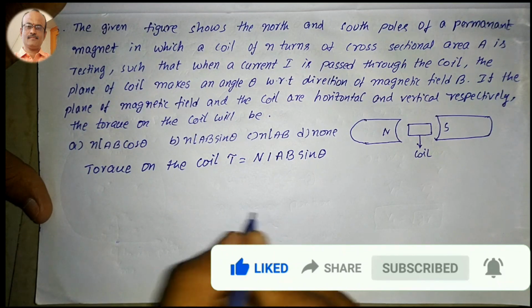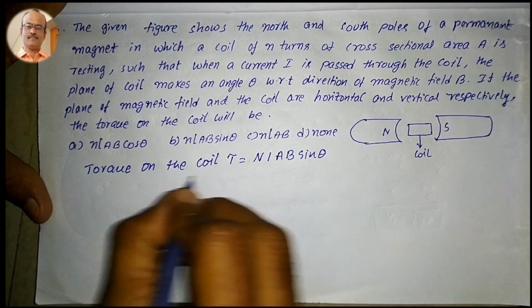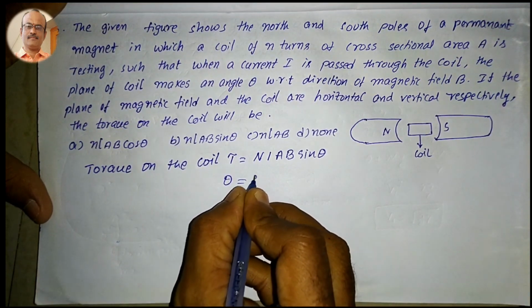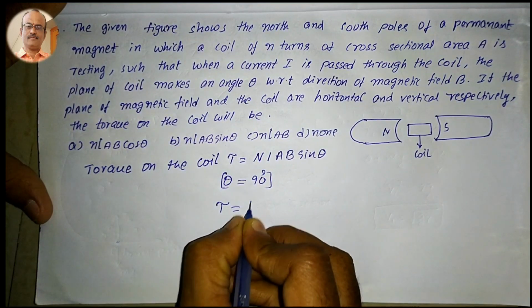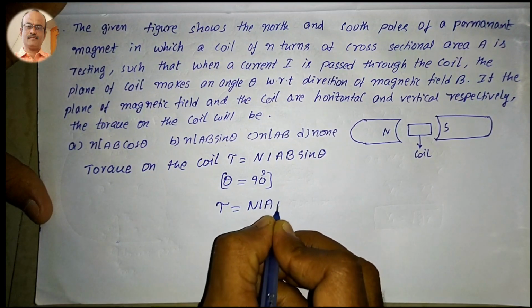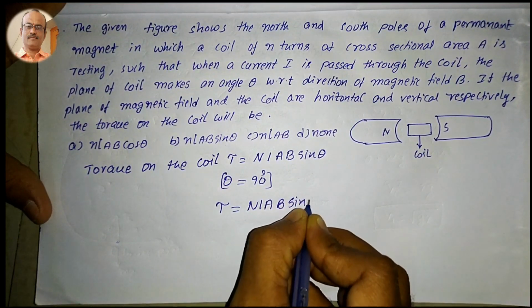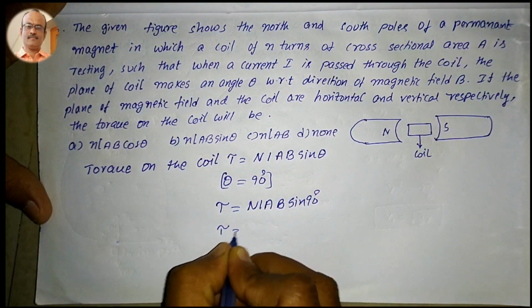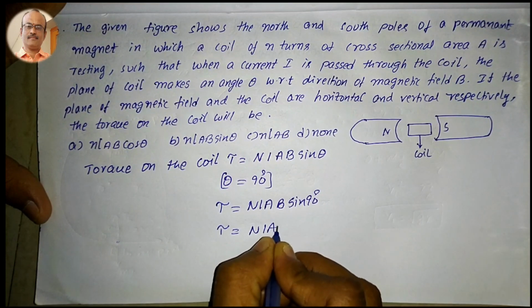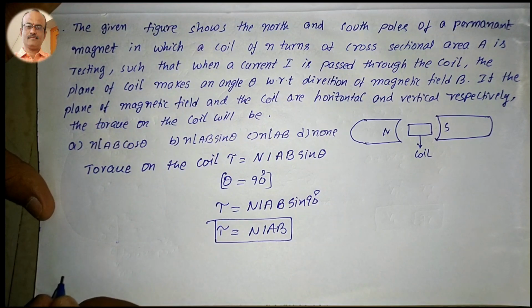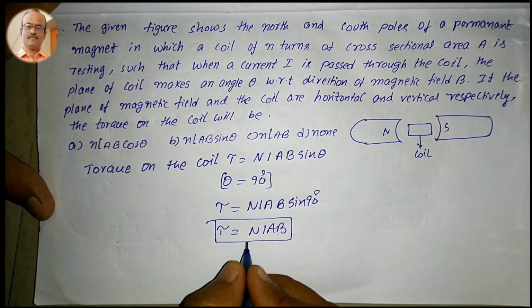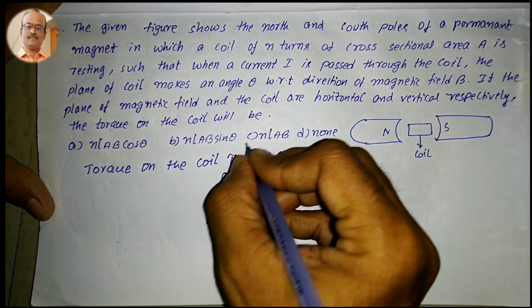So theta is equal to how much here? 90 degrees. Now substitute: tau is equal to n into I into A into B into sine 90 degrees. So tau is equal to NIAB. Which answer is correct here? NIAB is correct. So option C is correct.